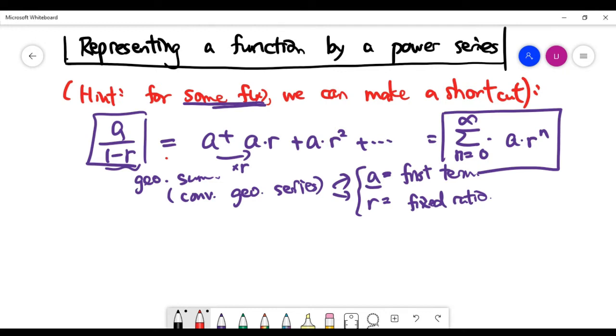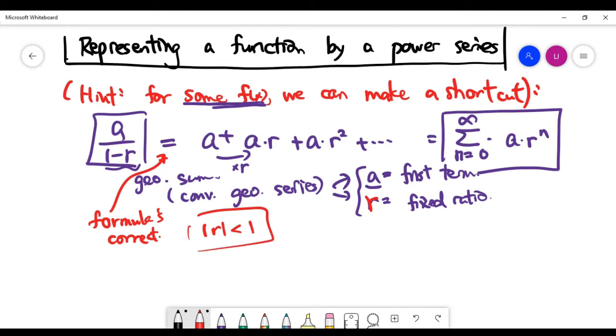So we have to be very careful about this fact. We have to emphasize that this formula is actually correct when the r, I'm sorry, is actually inside the range -1 to 1. Or the other way to say it is the absolute value of r is less than 1. Then we understand that the formula is correct.